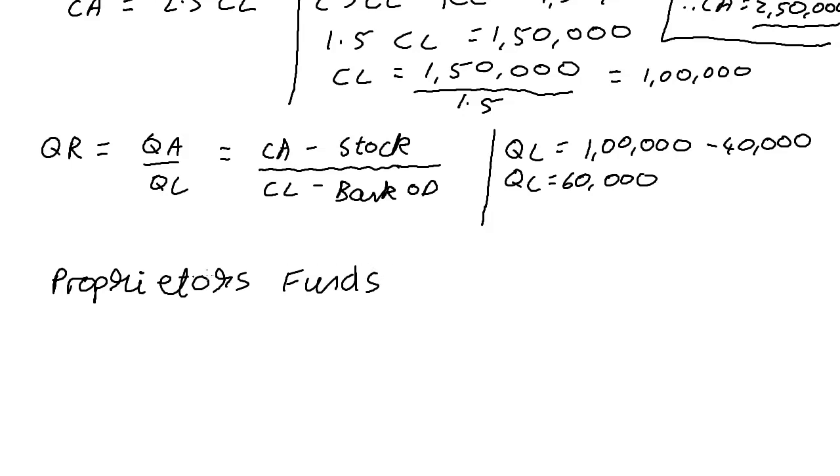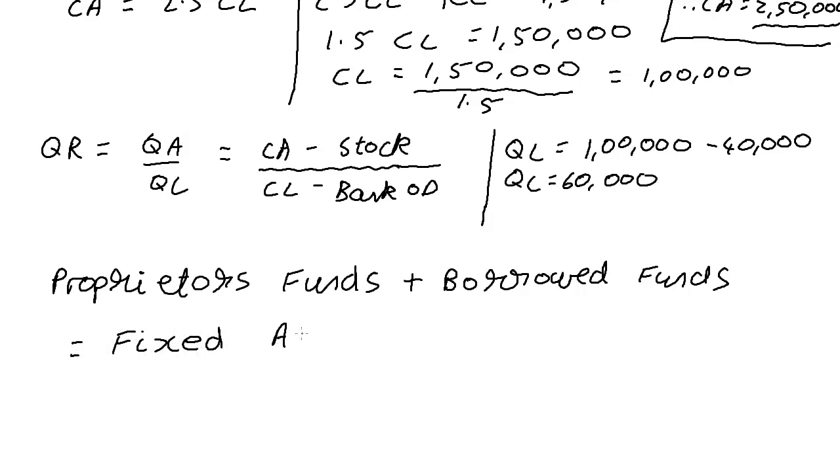Normally proprietor's funds plus borrowed funds are utilized to buy fixed assets and current assets.